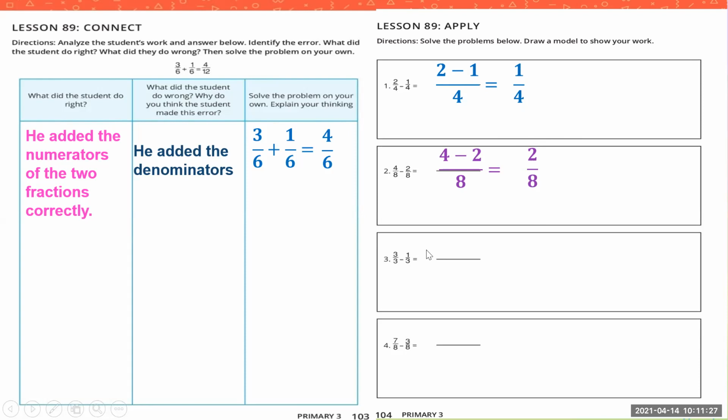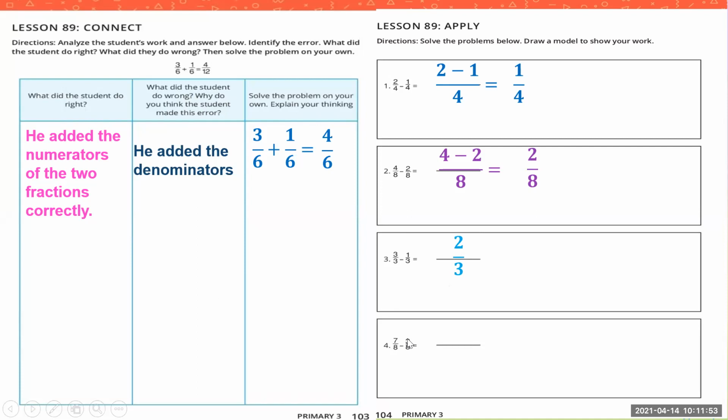Number 3, 3 over 3 minus 1 over 3. We have here the same denominators. So we will put 3 and subtract. 3 minus 1 equals what? 2 over 3.